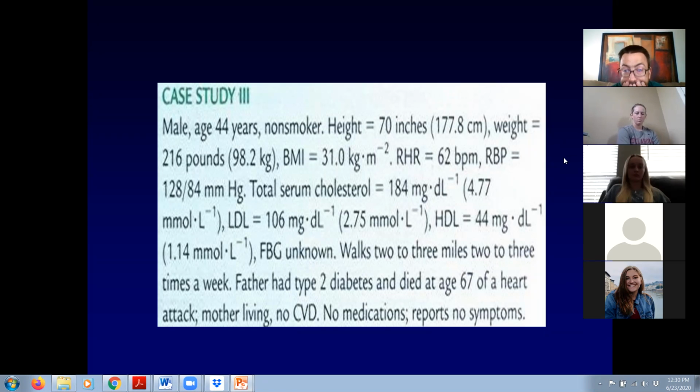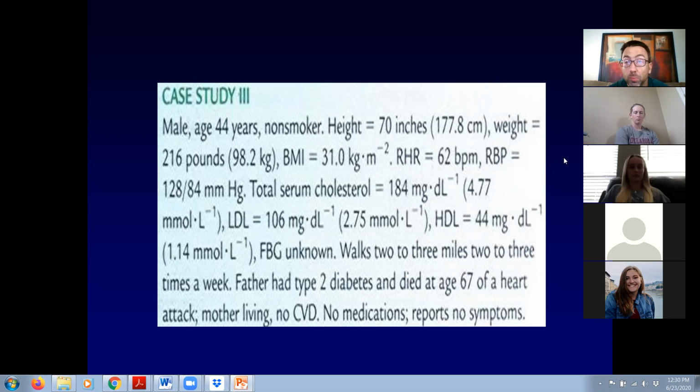You could say if he's under 45, he's not obese and he's not sedentary, you don't really have to worry about it, but he is obese by BMI and the sedentary is a maybe. So we went ahead and marked it as a risk factor. That's correct. Plus his dad did have type 2 diabetes, so there could be some predisposition to that as well. Absolutely. That's a very good catch, guys.